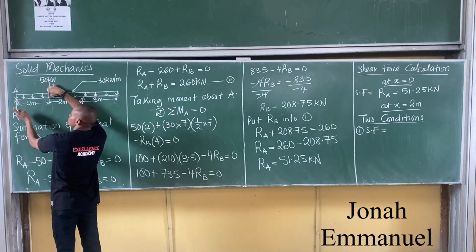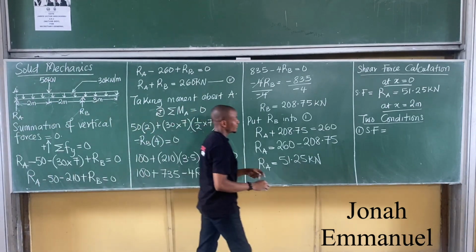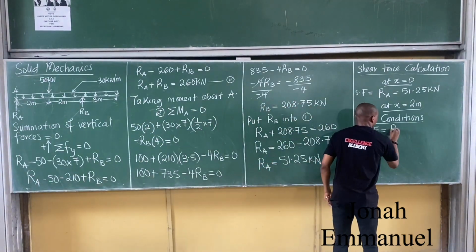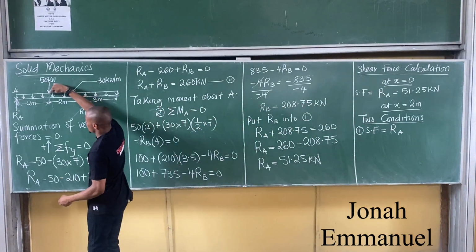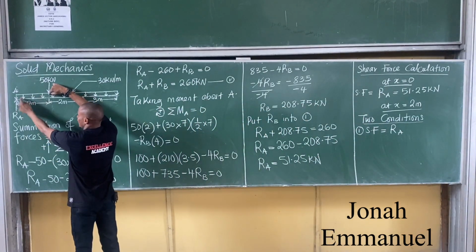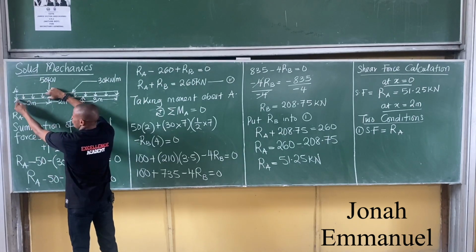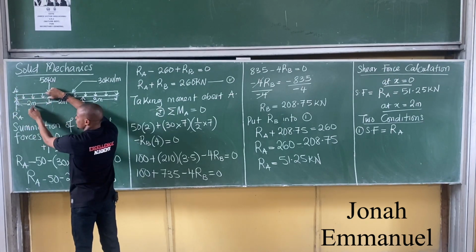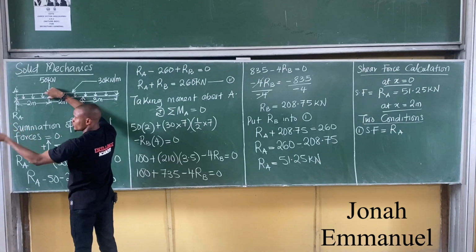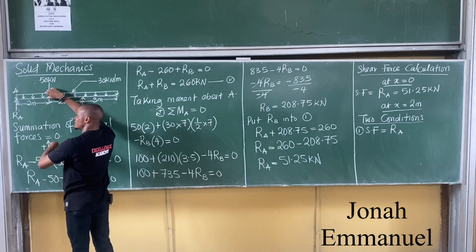Alright, so first of all, this one is going upwards, it becomes RA, positive. Next up, before this point here, I can see the UDL here is coming downwards. Now at this point, all of these are still UDLs. The distance here is 2. So convert this UDL to a point load, because we said to convert a UDL to a point load, multiply the UDL by the UDL distance.